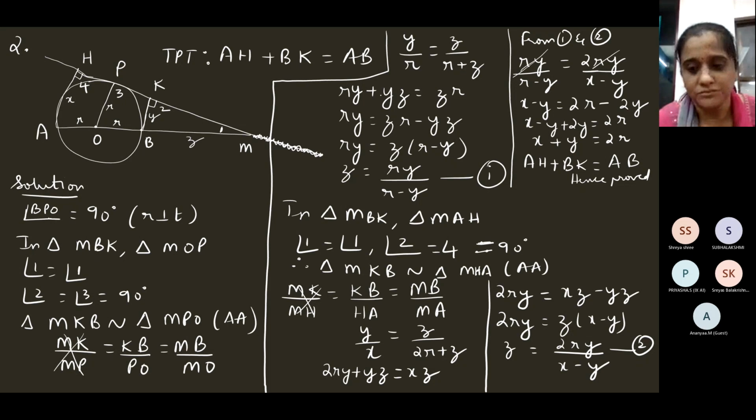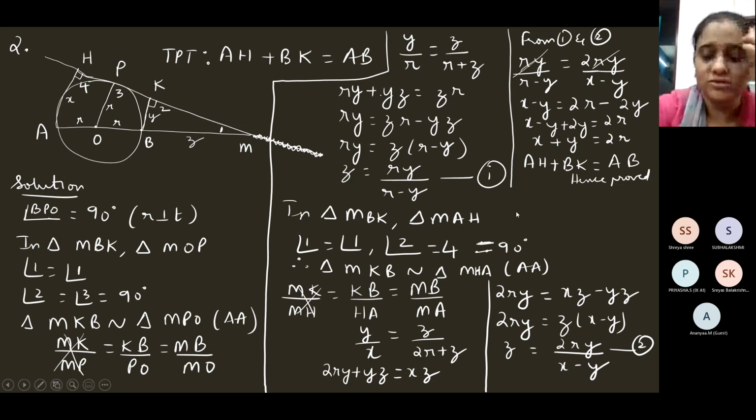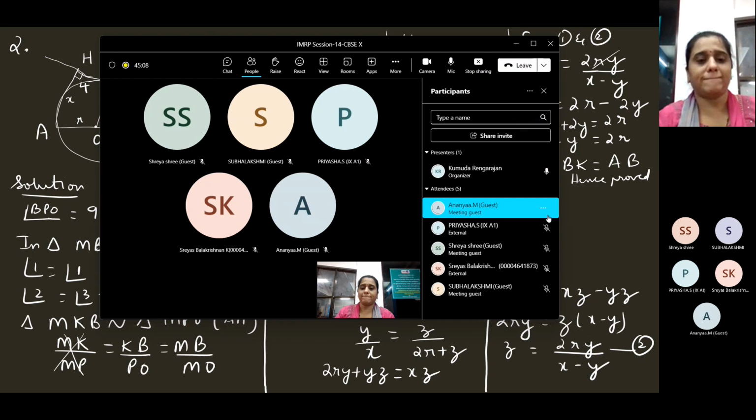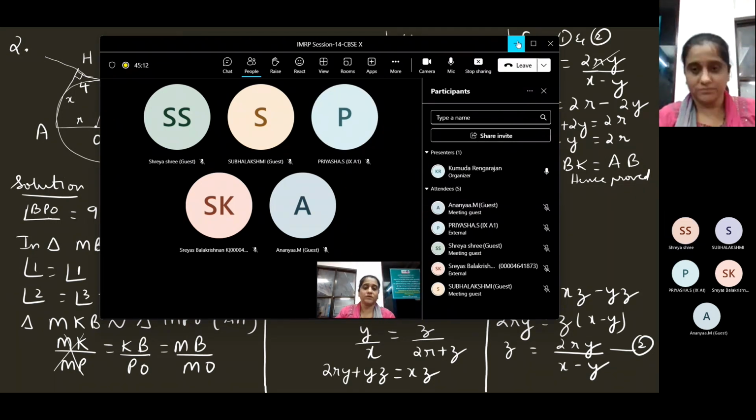Finished? Yeah, online students. Lakshmi, Shreya Shri, Shreyas, Ananya, and Priyasham. Completed, ma'am. Okay.